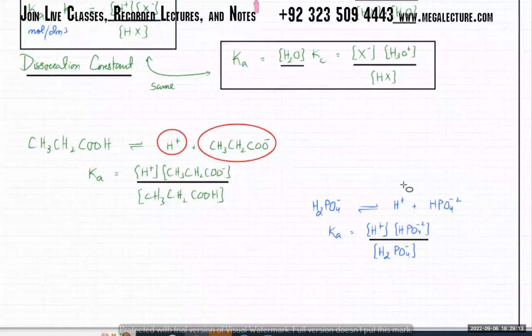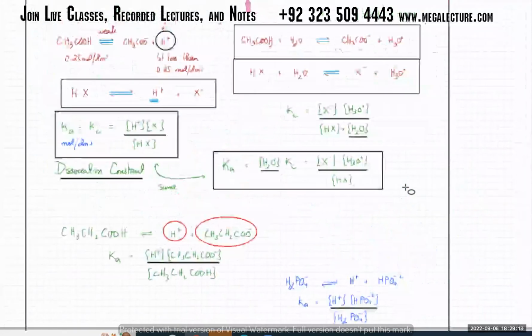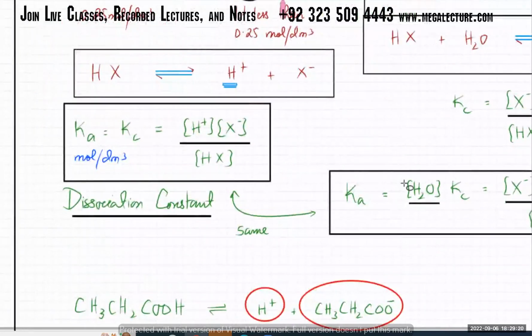If this ionizes, one of this will be produced and one of this will be produced, in the same ratio. So any weak acid, if you ionize it, will produce the same amount of H+ and the same amount of X minus. That means H+ and X minus have exactly the same concentration.